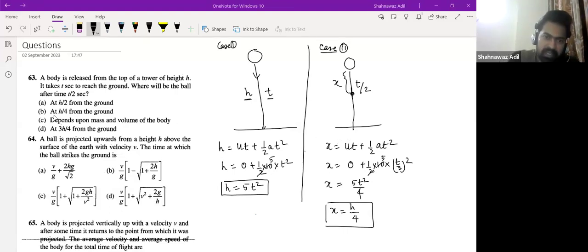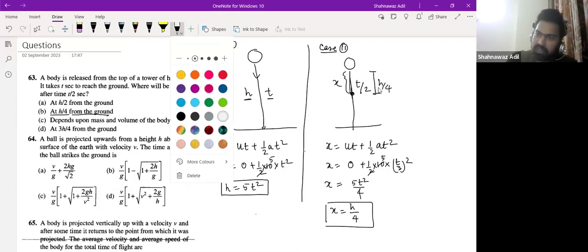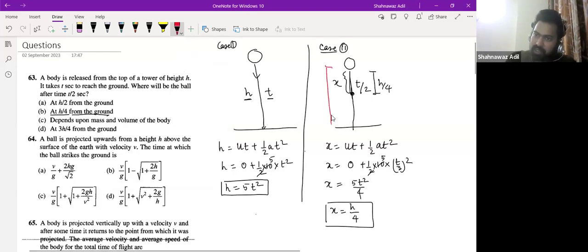This x we are measuring from the top, and this is h by 4 from the top, not from the ground. The total distance is h, and from here to here it is h by 4.